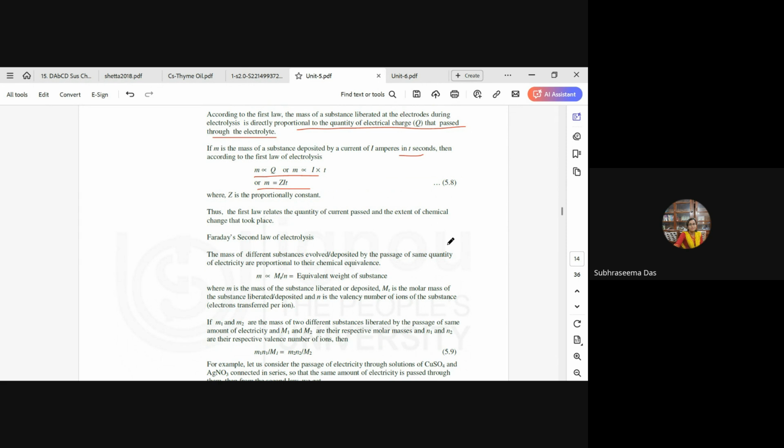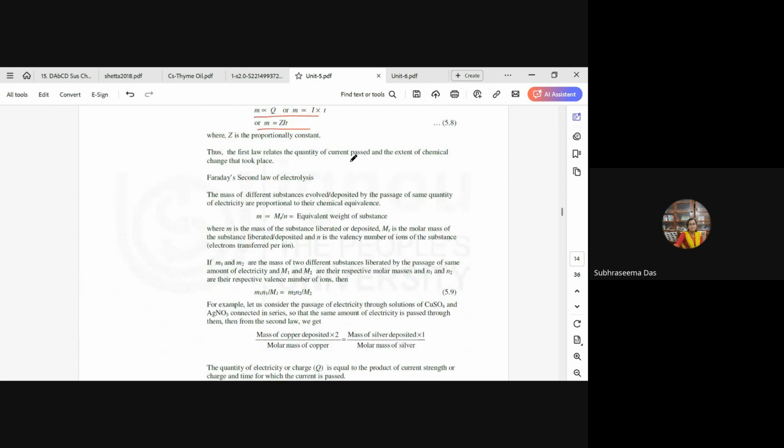Now Faraday's second law of electrolysis states that the masses of different substances that are either evolved or deposited by the passage of the same quantity of electricity are directly proportional to their chemical weights. That is, small m is directly proportional to the equivalent weight of the substance.